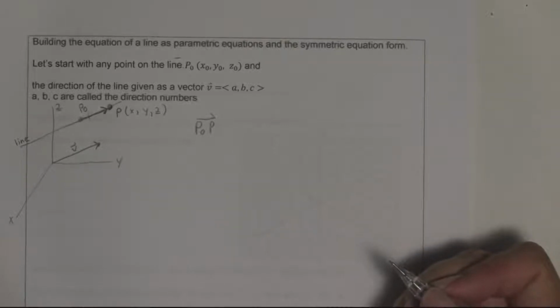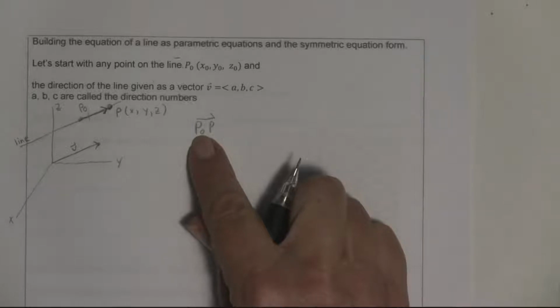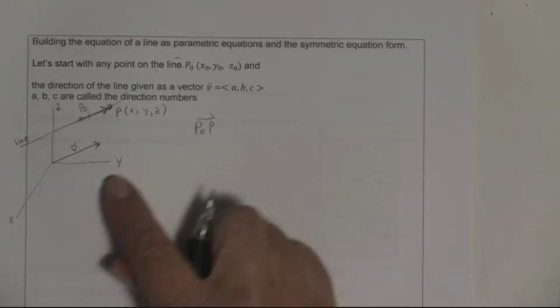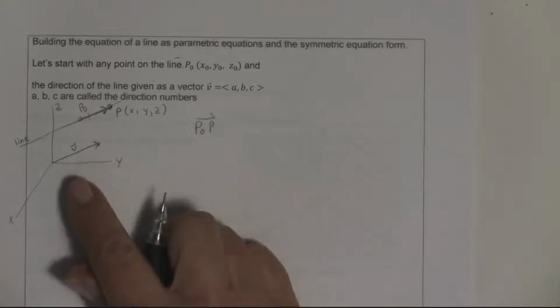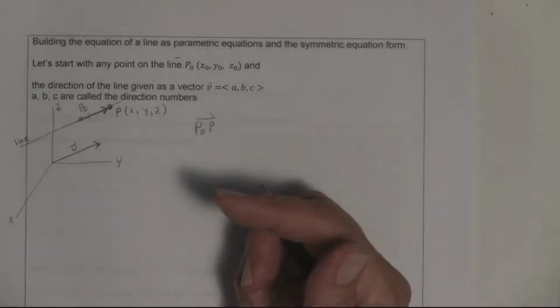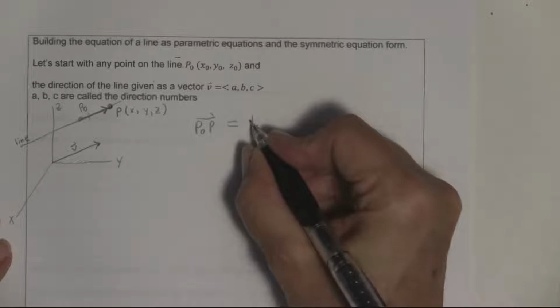Now, what I know about that vector P naught P is that it is parallel to the vector V. And that means that they are scalar multiples of one another. And so that scalar value, I could pick any value for that. So I'm going to pick T for that.